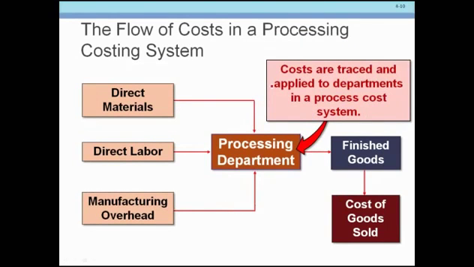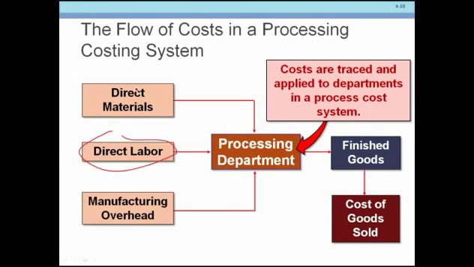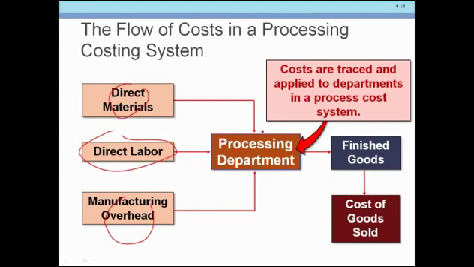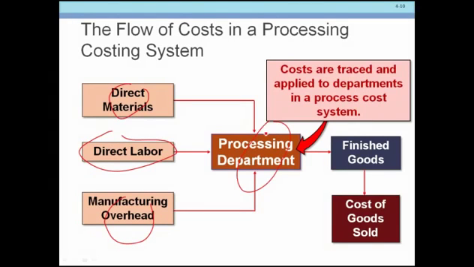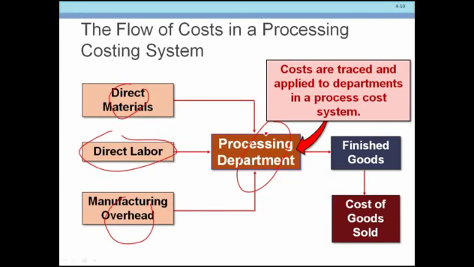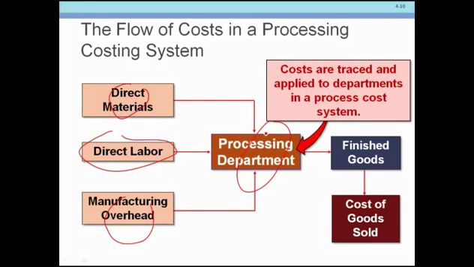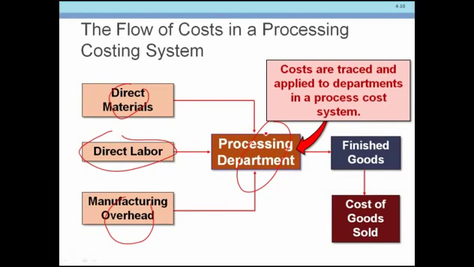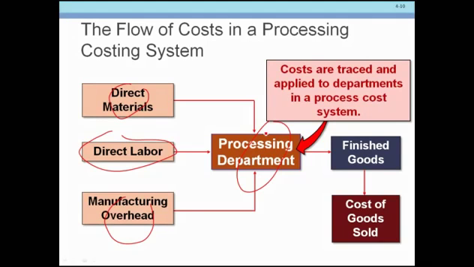In a process costing system, we're going to accumulate and trace labor, material, and overhead by what? By department, rather than by a job. So direct material, direct labor, and manufacturing overhead go into a processing department.